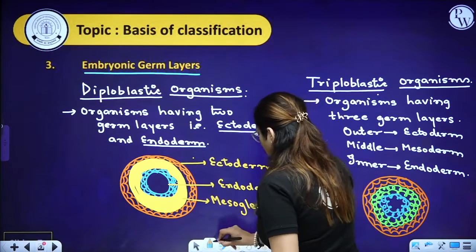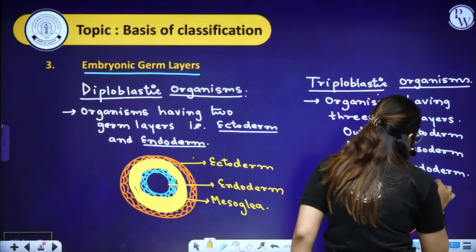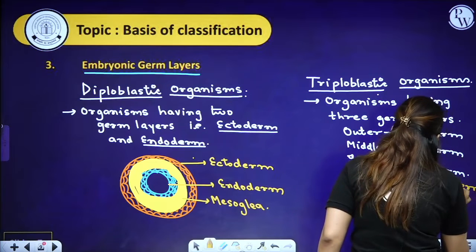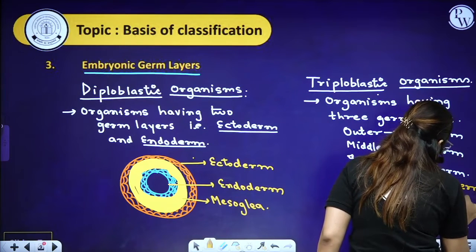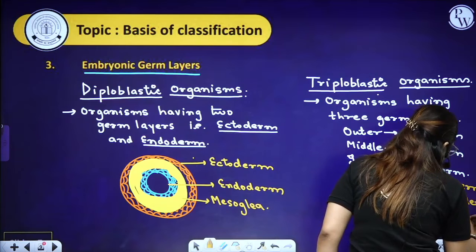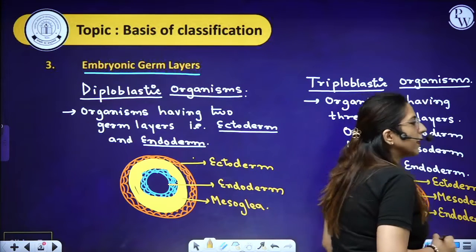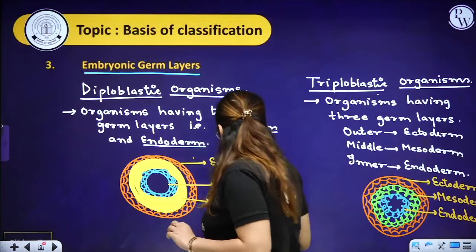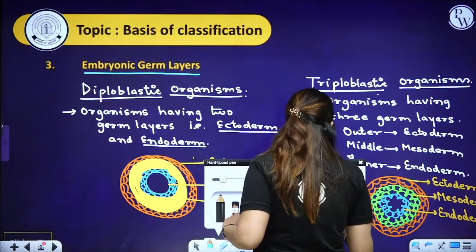Clear? Now, let's label ectoderm. We have mesoderm and endoderm. Are you getting this point? So 3 germ layers are there, guys, right? So in diploblastic organisms 2 germ layers are present, and in these, there are 3 germ layers. Now let's talk about the examples.